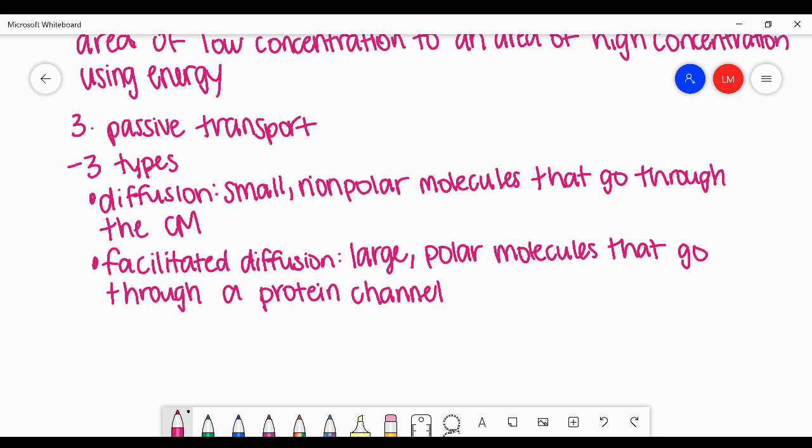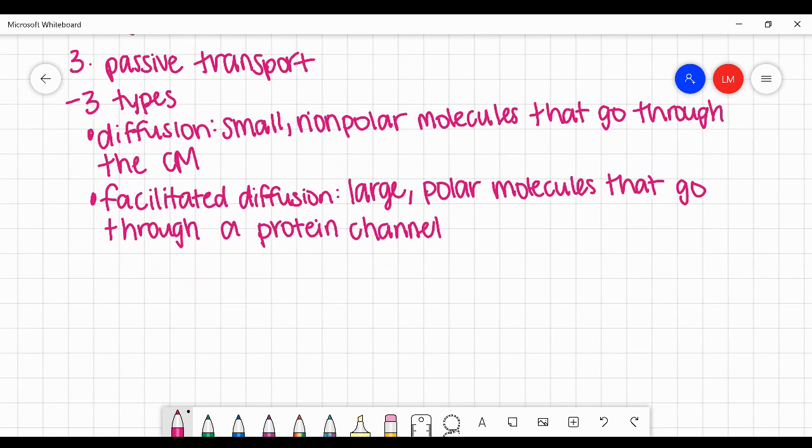So they are too big to wiggle through the phospholipids, and so a specific type of protein will be in the cell membrane that will allow those things to go in and out. But they will still move in or out of the cell based on the concentrations of that molecule.